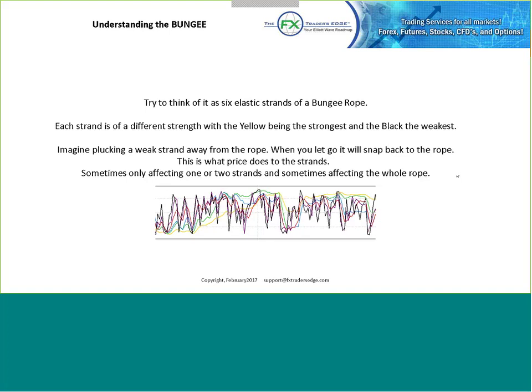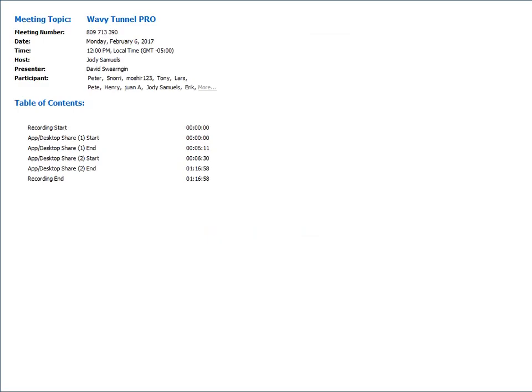And if the pull by price is strong enough, we can actually affect the whole rope. We can pull the whole rope away. And you can see on this diagram below, we would expect price over here. We've affected the black bungee strand.